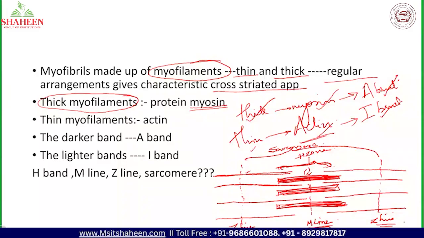The area seen between two Z lines is known as the sarcomere. Got it? The sarcomere is the functional unit of muscle contraction.